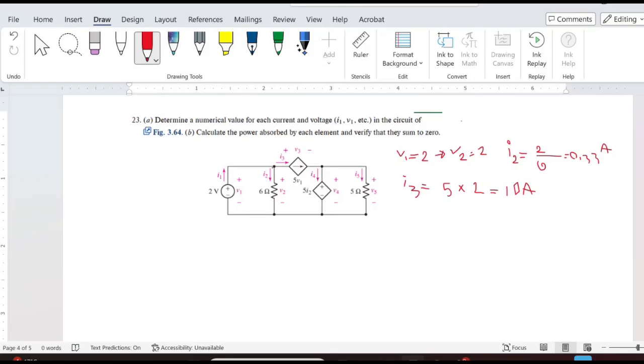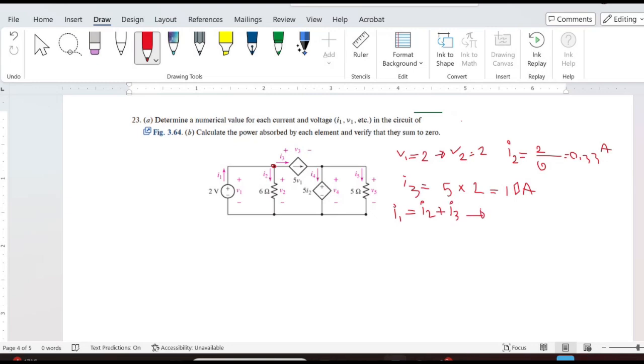Now, if you take a look at this node right there, I can use a KCL, the balance of the current for the node. And from there, the input current I1 equals I2 plus I3.